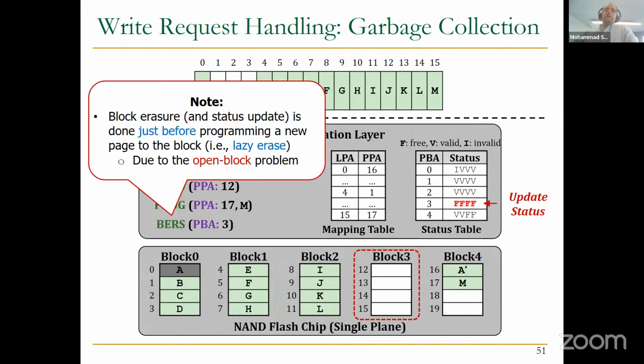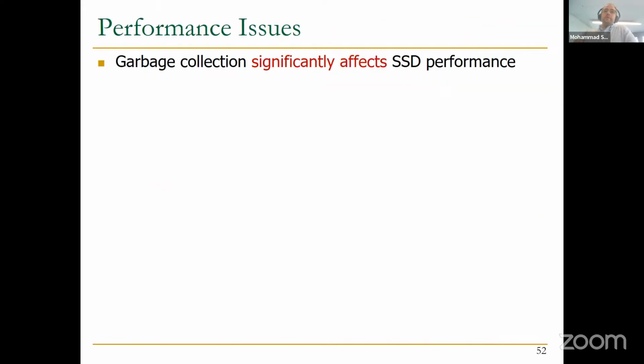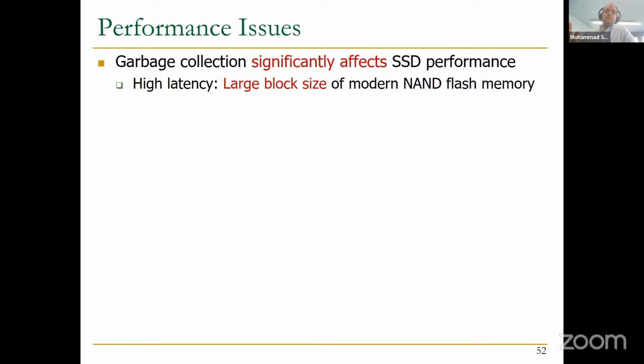Okay, so let's get to some performance issues of garbage collection. Garbage collection significantly affects SSD performance because it has high latency. In modern SSDs, we have large block sizes, with several tens to hundreds of pages in each block.